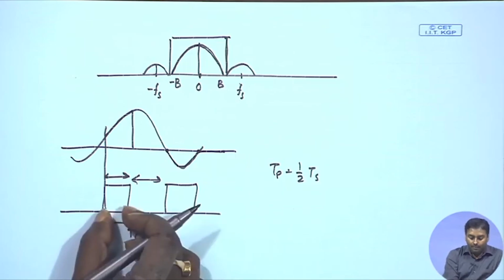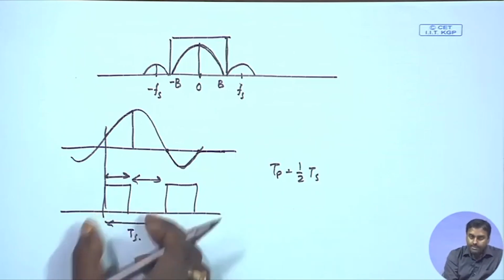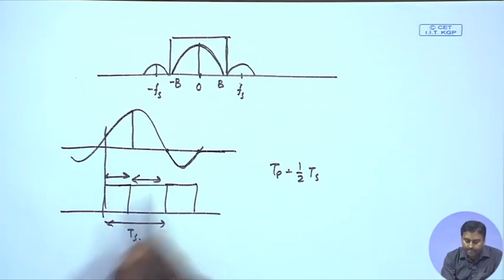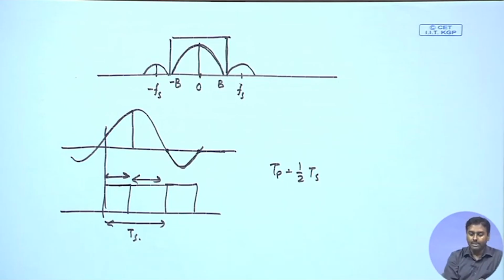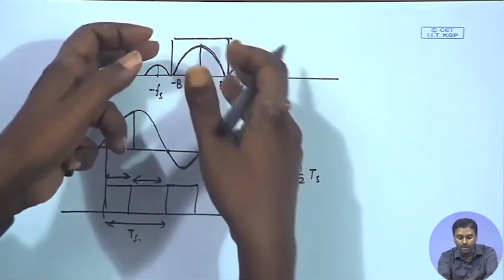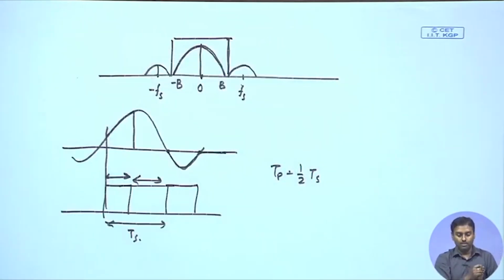So, I have seen that as I increase Tp, of course, I will be getting more and more power concentrated over here, which is very obvious, because if I just make it full, that means Tp is equal to Ts, then the entire power, because it will just look like the same signal, the entire power will come to my central lobe. But is that something I want?